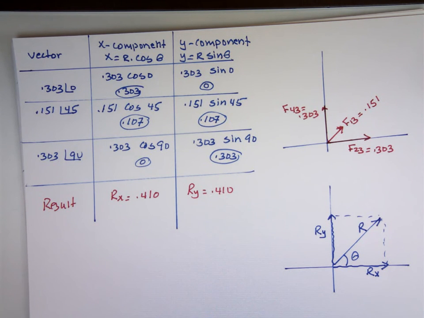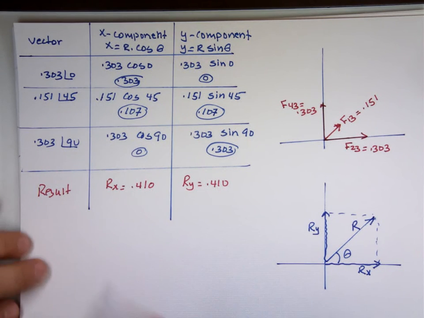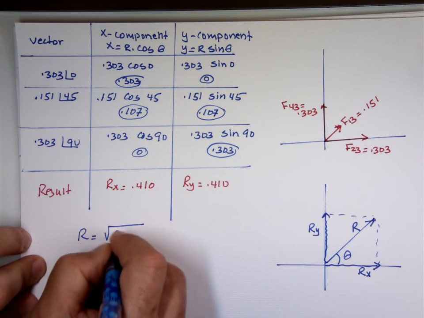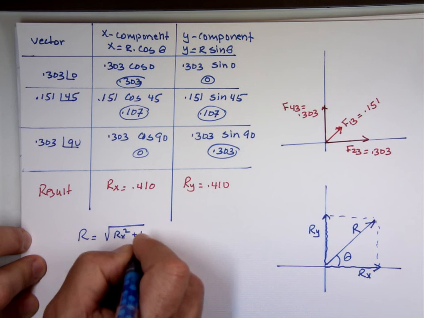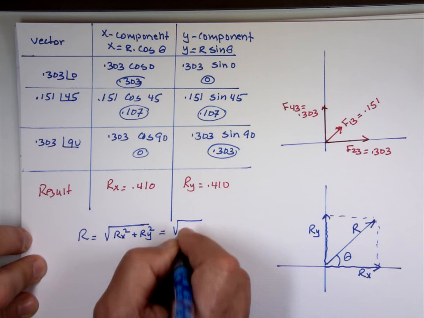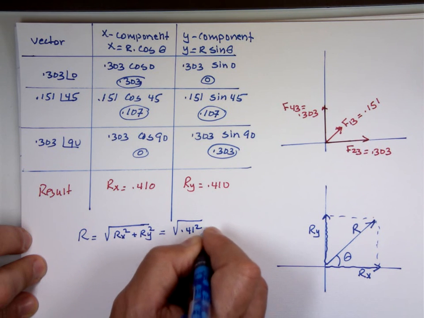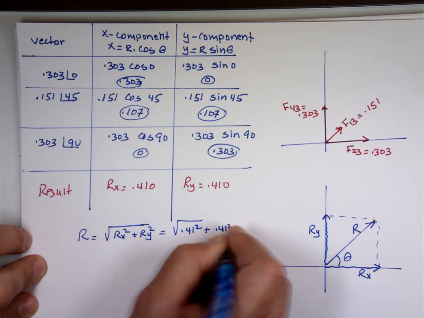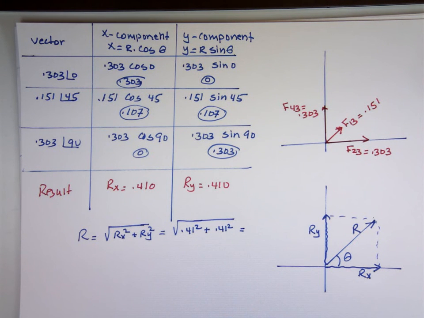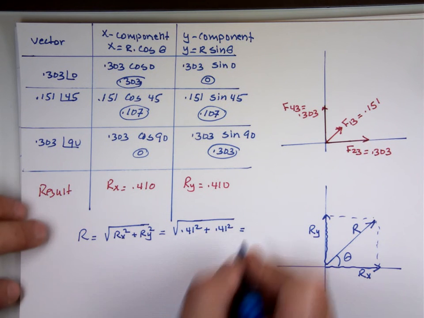So to get r is going to be the square root of the x and the y value squared. 0.47 Newton.